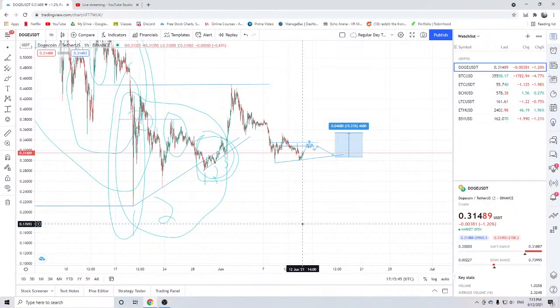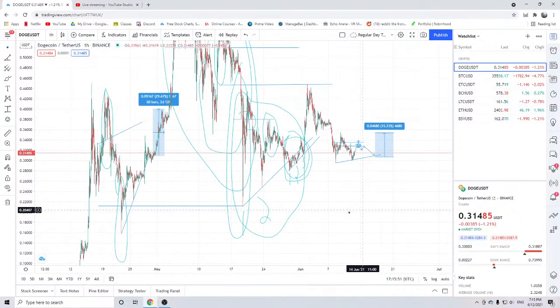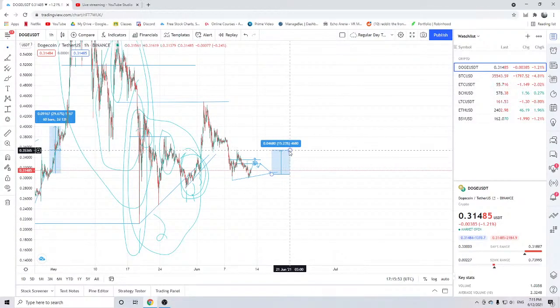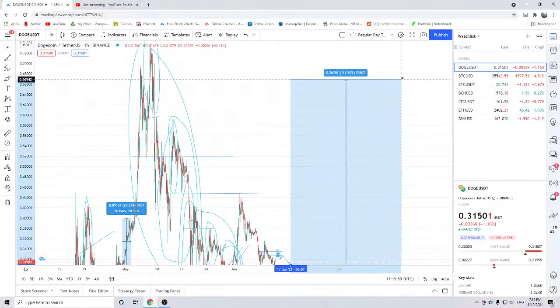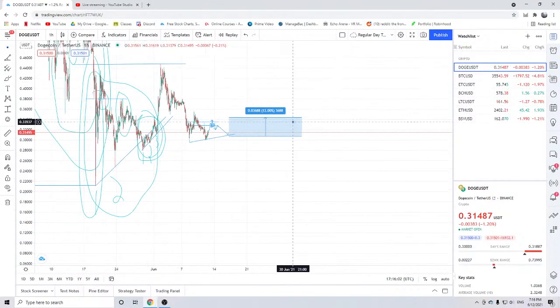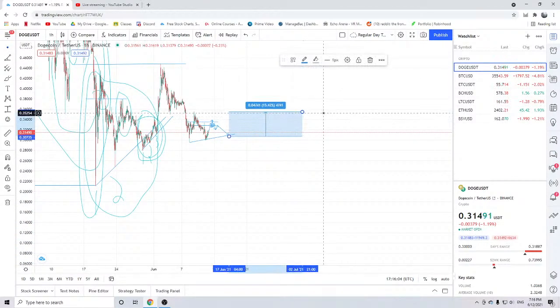And after that, if all of the trends are right, it could potentially be going up crazy amounts, like 100 to 200%. But that's only if the trend fulfills itself, which I'm not saying it will.